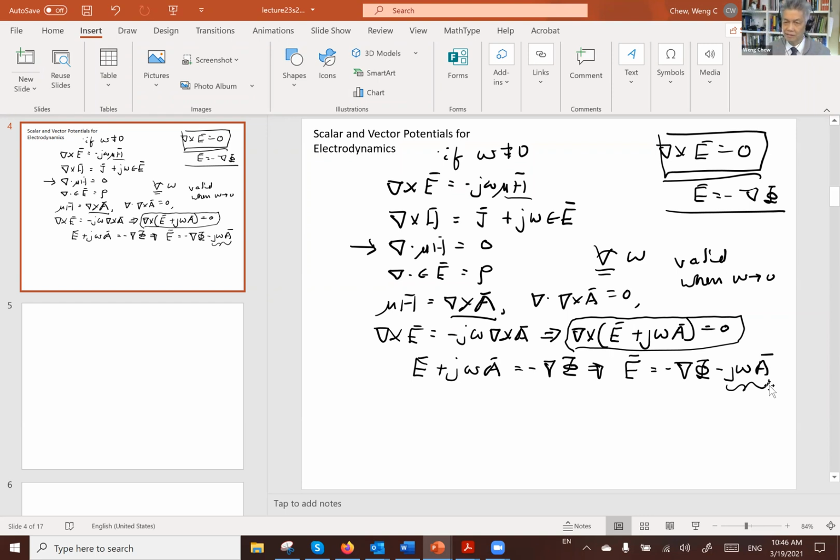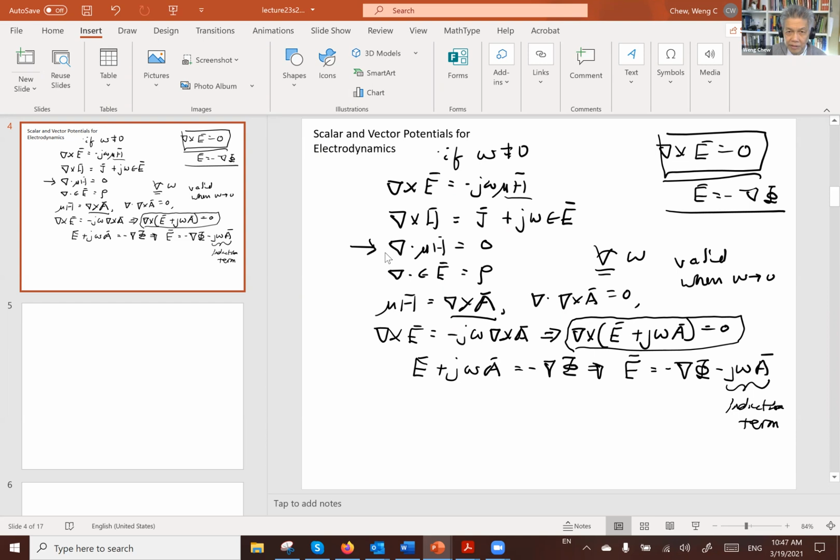So this is the effect of the electric field coming from the magnetic field, because electric field and magnetic field are coupled in Maxwell's equations. So we call this the induction term.